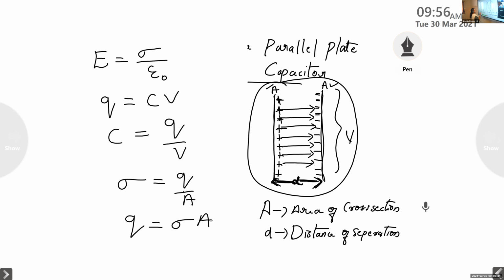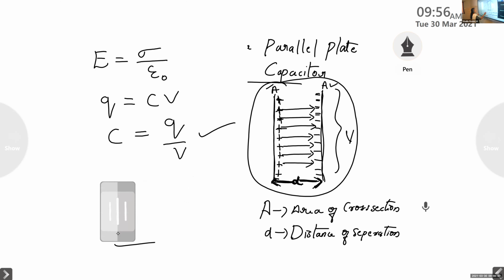Now we substitute Q is equal to sigma A into the expression for capacitance. So it becomes C is equal to sigma A divided by the potential V, where sigma is the surface charge density, A is the area of cross section, and V is the potential between the capacitor plates.